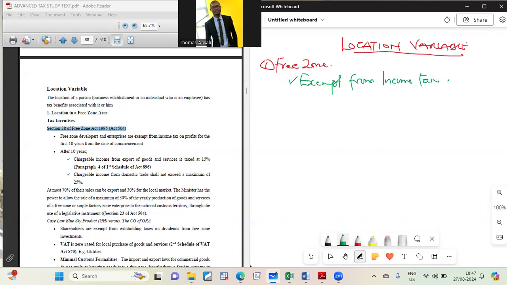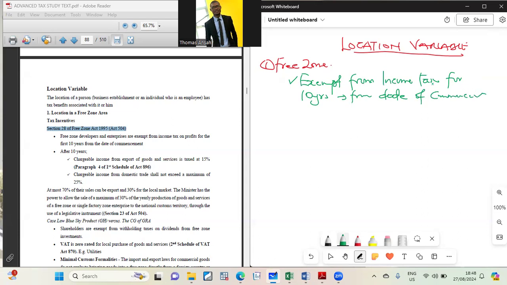They don't pay income tax for 10 years from the date of commencement. There are some other tax types they may pay, but those are not income tax. So take note of the date of commencement.